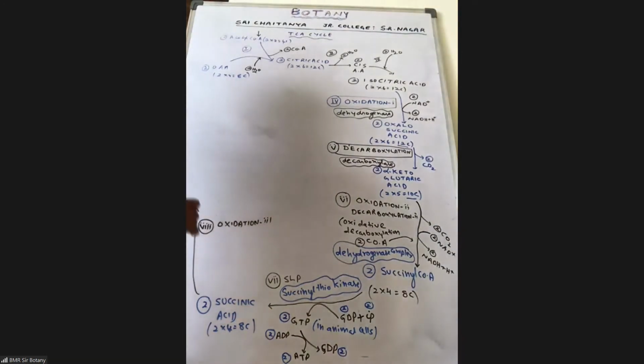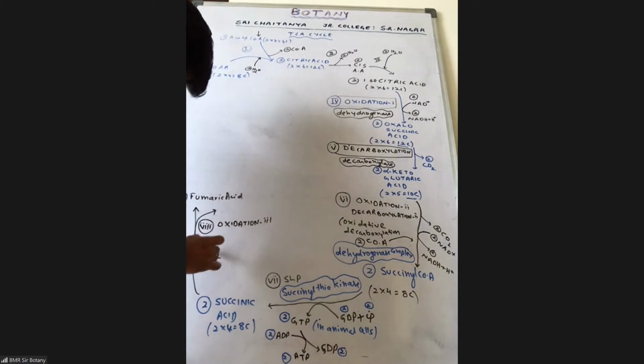And this oxidation has got some specialty, Nana. When this is oxidized into 2 molecules of fumaric acid, hydrogens removed from this are added to FAD instead of NAD.